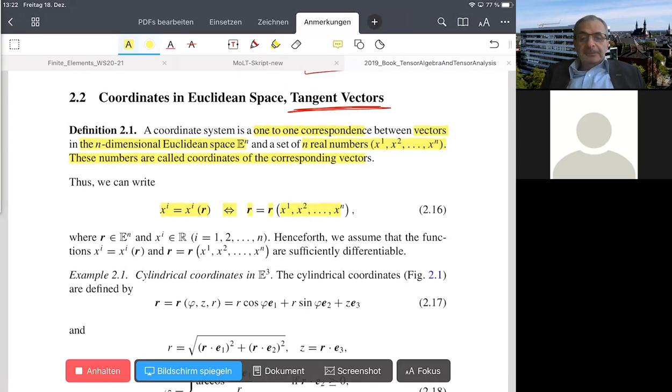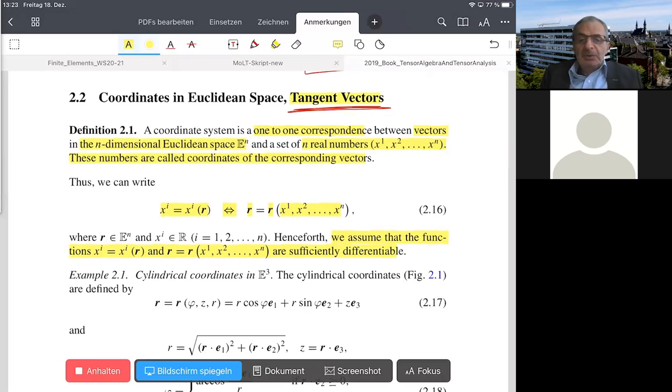What is important for the future, certainly, we assume that all of these functions are sufficiently differentiable, because we will take derivatives of these functions, for example, in order to calculate the tangent vectors we discussed.